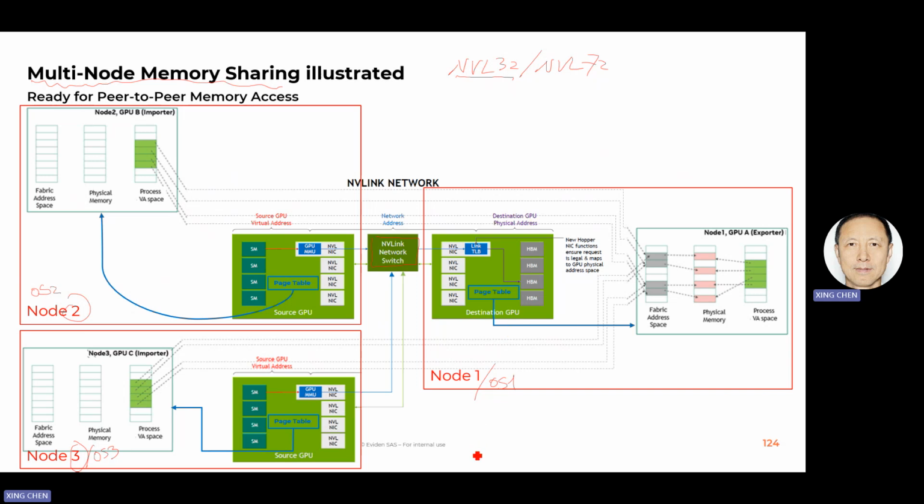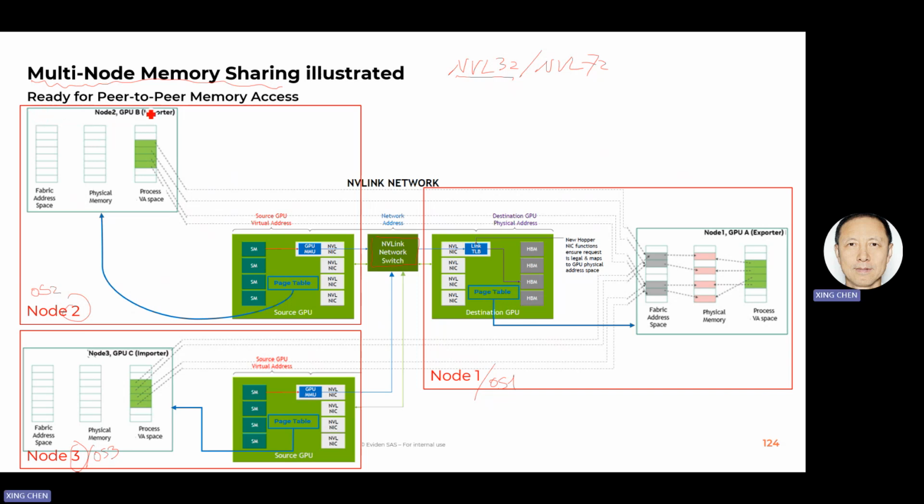Basically, here we could have a maximum of 32 nodes if we are talking about NVL32, and if we are targeting NVL72, it means that this NVLink network could connect up to 72 nodes. Okay, depends on the size of this NVLink domain, but 3 nodes are enough for us to explain things clearly.